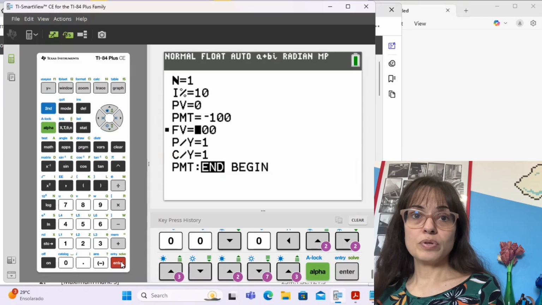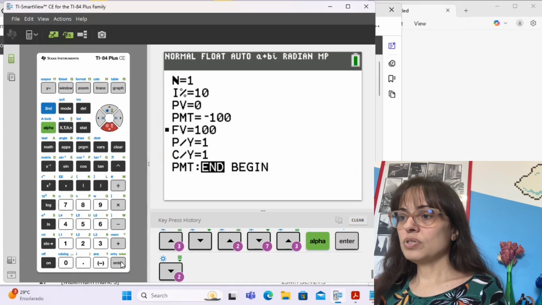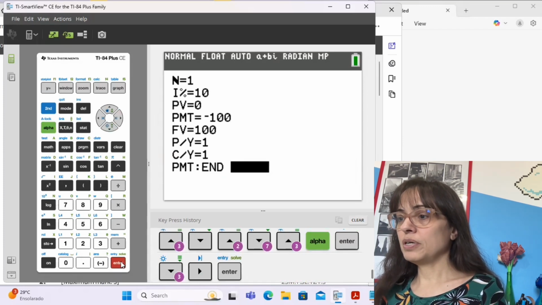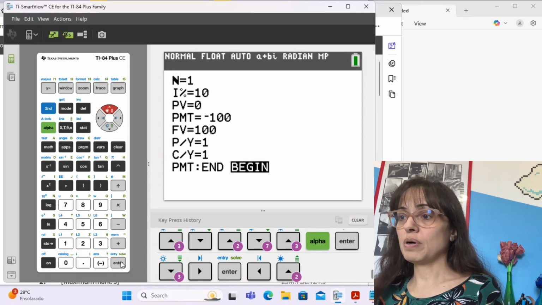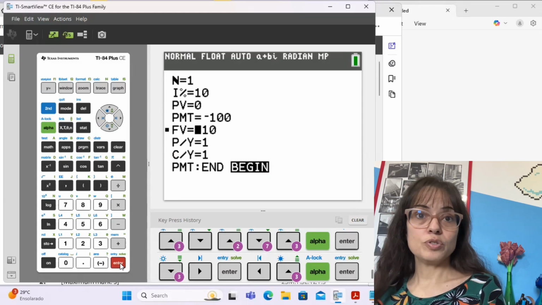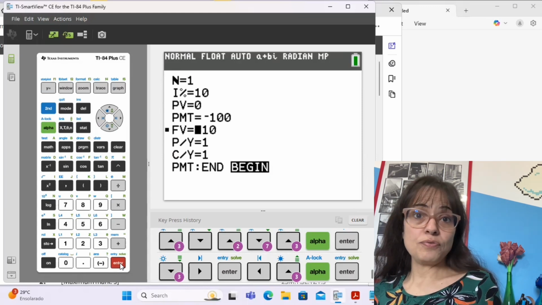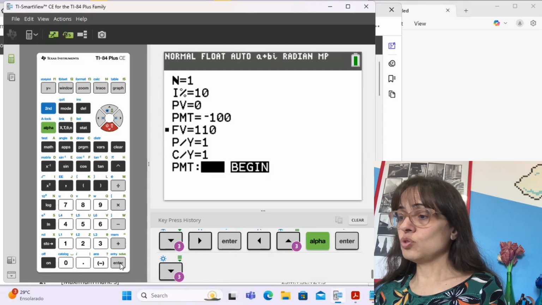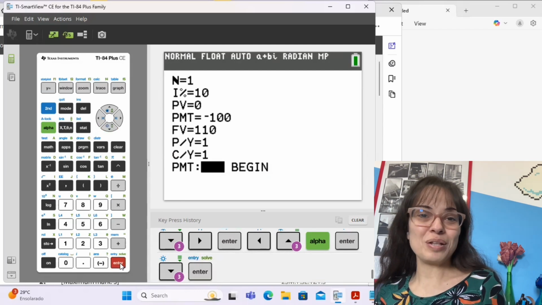And that is exactly what's happening. But if I do the same thing, but putting my money in there in the beginning of the compounding period, then there is going to be an interest in this $100, making it into 110. So that's the difference between end and begin, in case you were curious to know what that means.